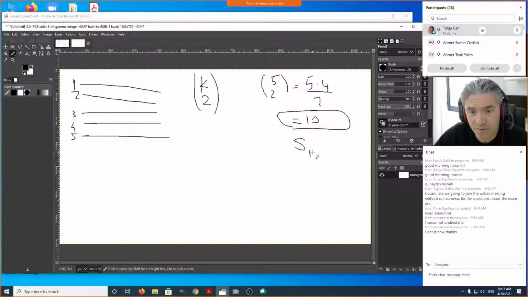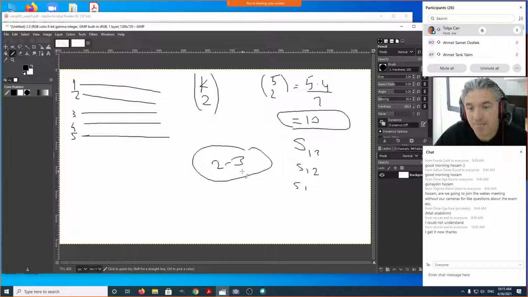The score of alignment between 1 and 3, between 1 and 2, and so on. So I will have 10 such pairwise alignment scores, and I pick the maximum one. For example, if 2 and 3 attain the maximum pairwise alignment score, what do I do? I align 2 and 3 with each other. After I align 2 and 3, I get some alignment like this.